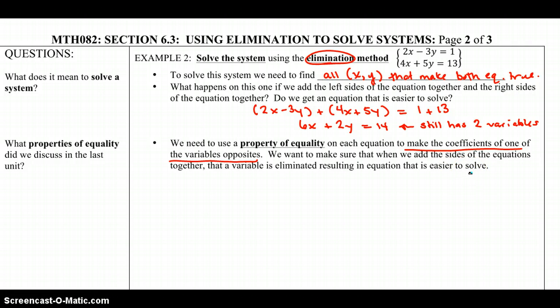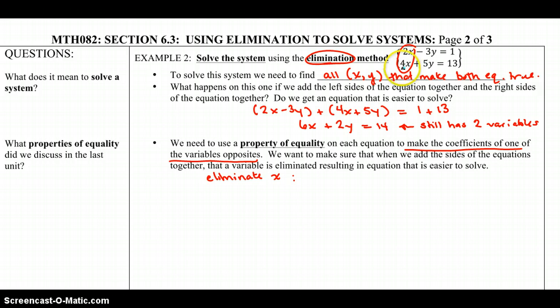Okay, so if we take a look at the system that we have, and again, it doesn't matter which variable we choose, so I'm just going to say here we're going to eliminate x. And so to eliminate x, we need the coefficients on x to be opposites.